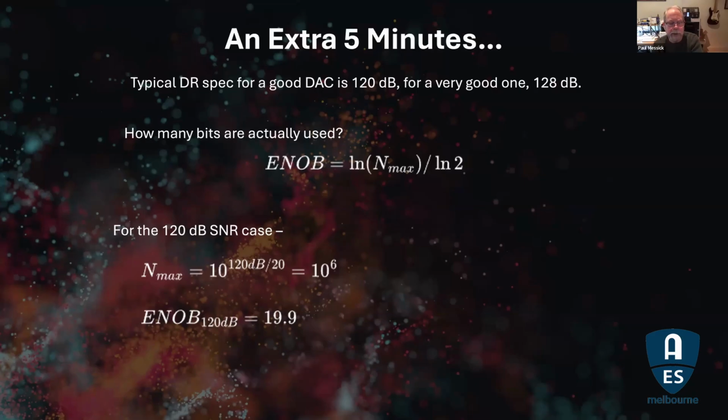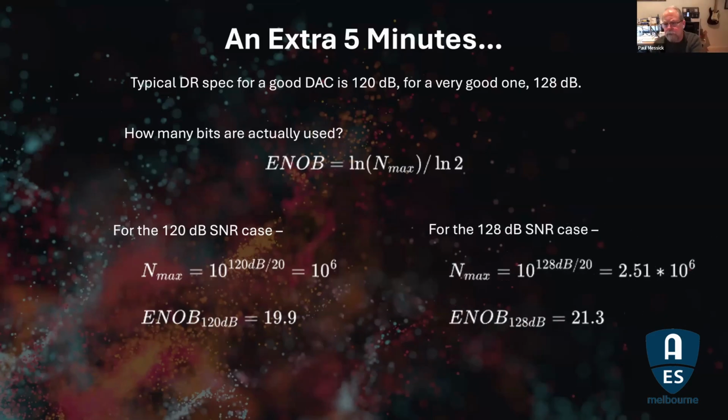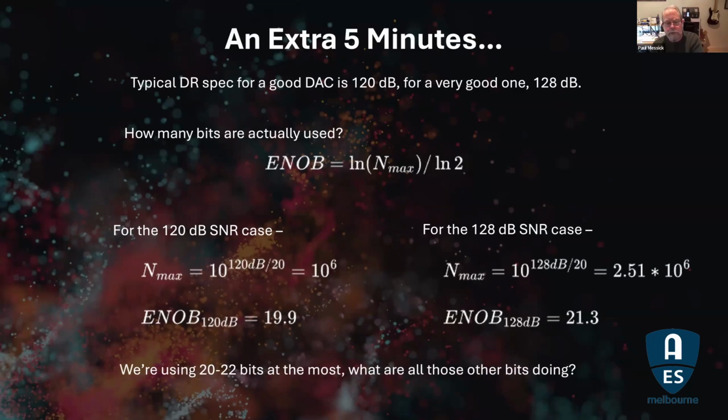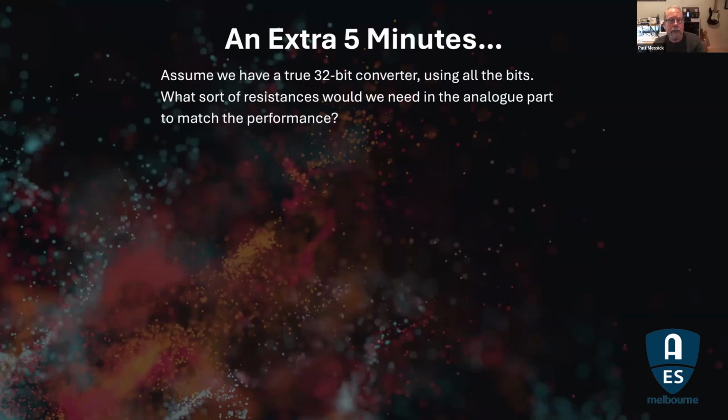So the number of bits being used is almost 20. The 128 dB case is a bit more than that, so the number of bits is 21.3. So if we're using 20 or 22 bits, what are all those other bits doing? A lot of nothing. That's what they're doing.